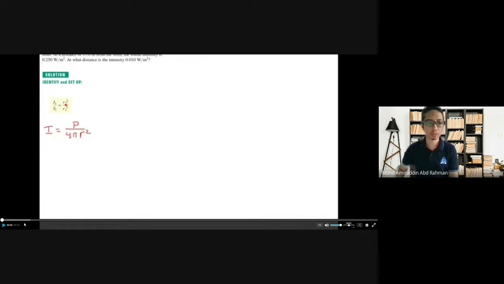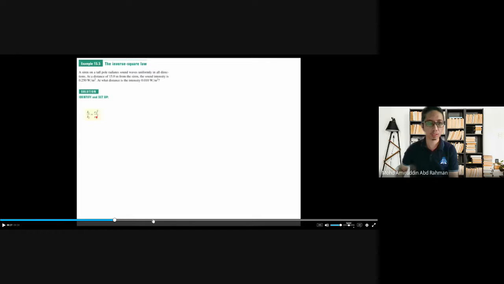Okay, so it's easier to solve this problem. Calculate at what distance, using the relationship between intensity I and distance R. Basically, I is equal to K over R squared.